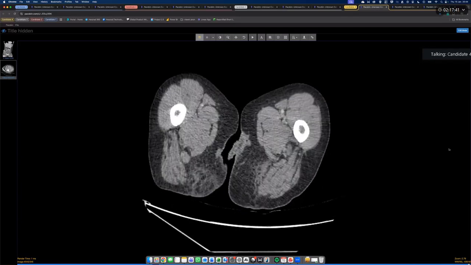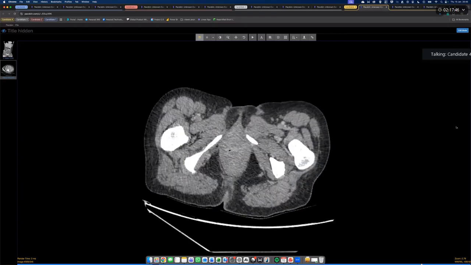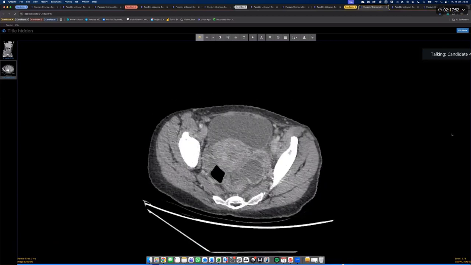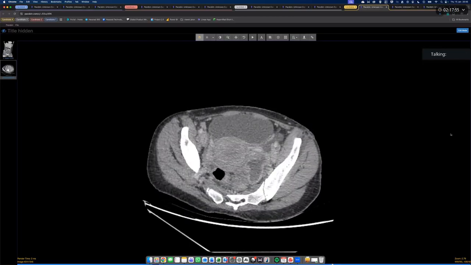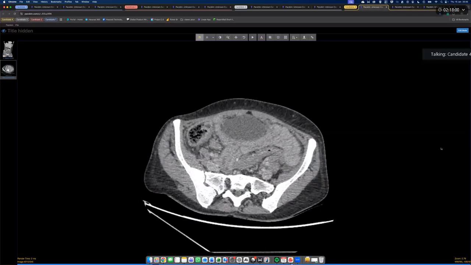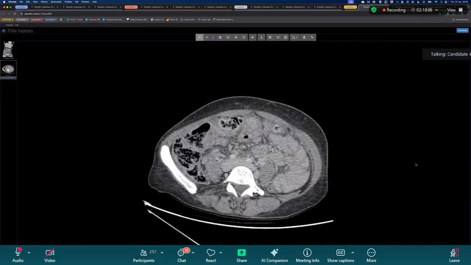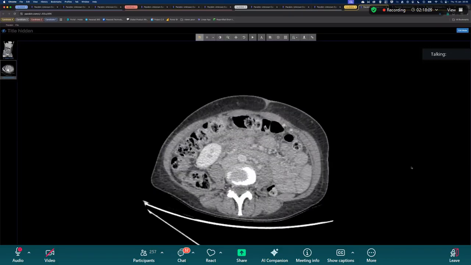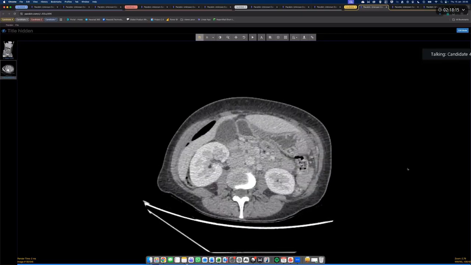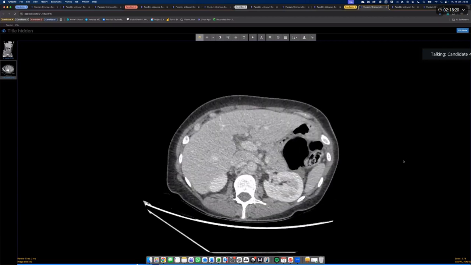Okay, so I can see there is free fluid noted within the abdomen and pelvis. The bowel loops appear to be collapsed. There are multiple, I think, enlarged lymph nodes seen within the mesentery.